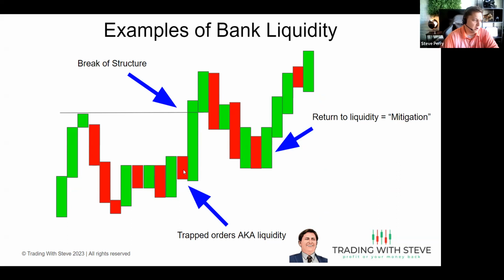And then as the market breaks up, breaks structure, and then pulls back, it's not likely to continue below that. It's often just going to come back to the zone where they were buying and selling back and forth. It's going to come back to this area because this is the area where that large amount of volume was taking place.